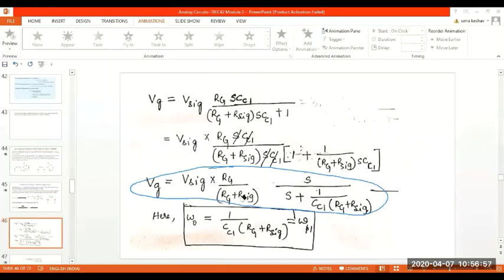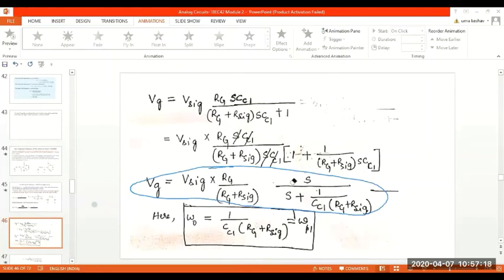I'll stop for now and I'll send you the PDF of two things which give you an analysis of high pass and low pass filters, the single time constant high pass and low pass filter analysis. Go through that.